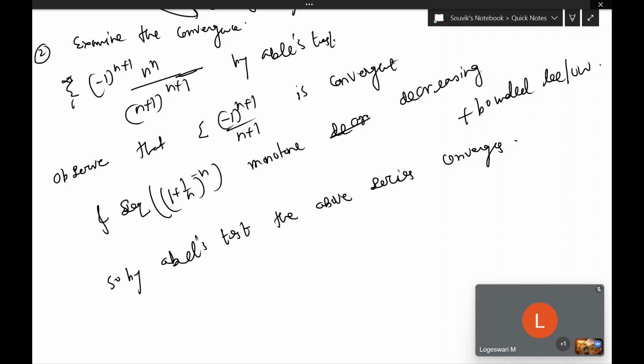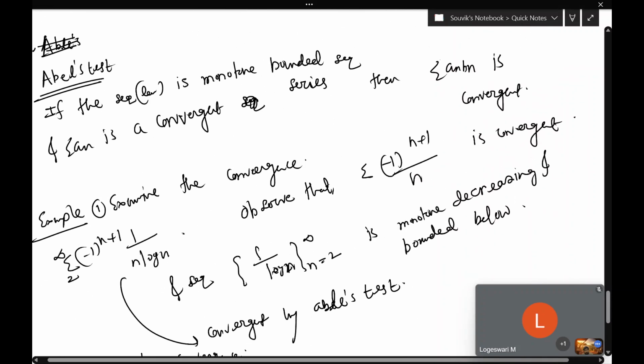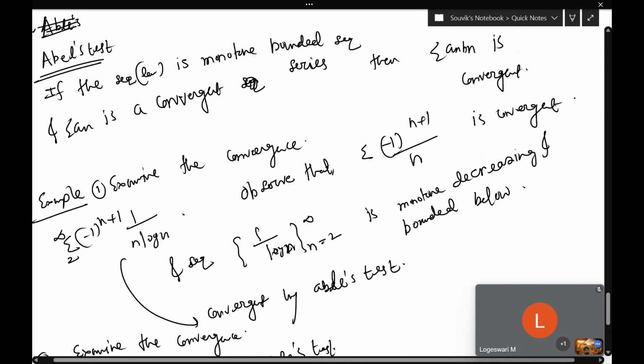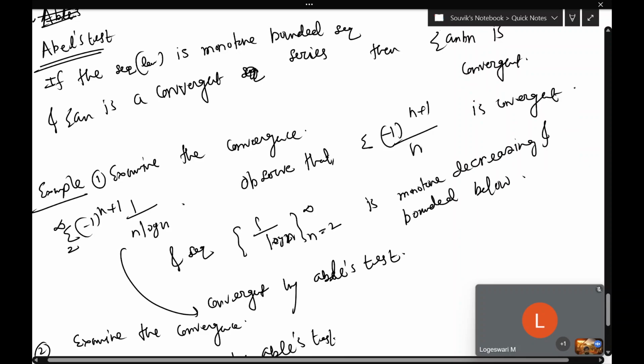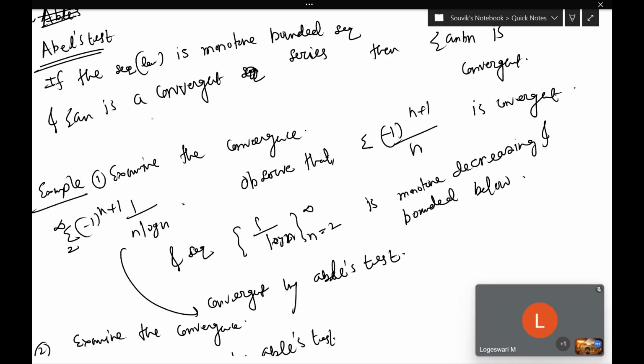So, in the Abel's test, first I will go through it again. What does this test tell us? It tells us that if we have a sequence Pn which is a monotone bounded sequence, and if the series summation an is convergent, then the summation an Pn is convergent.